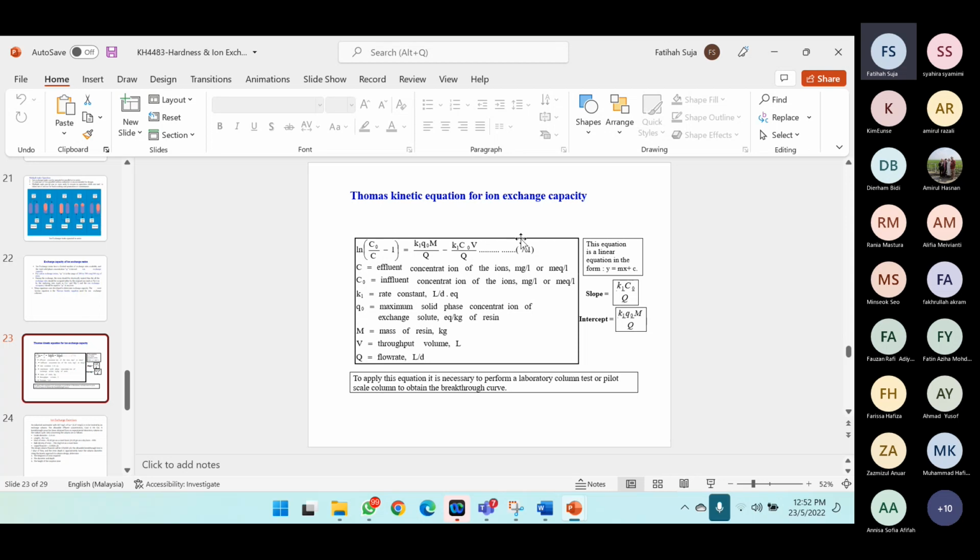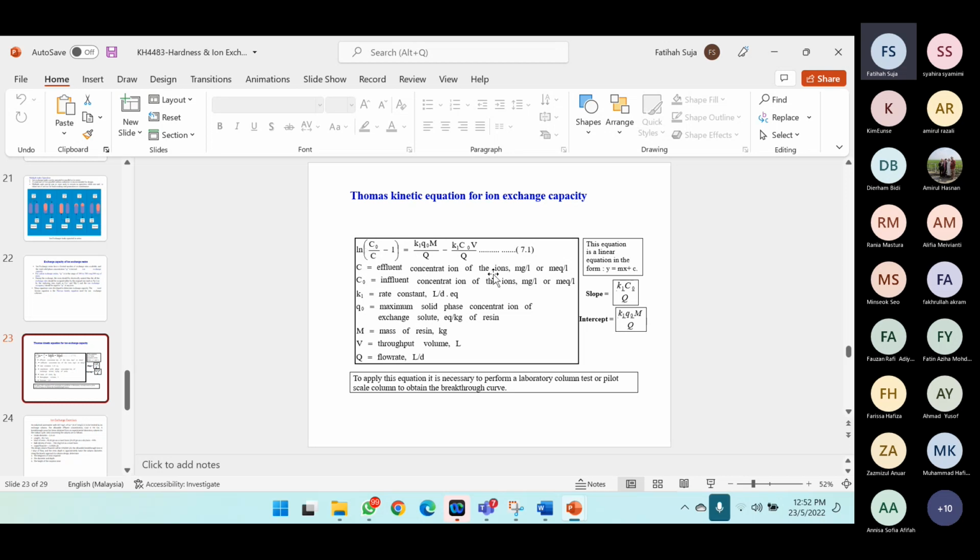Okay, this equation is linear, in the form of y equal to mx plus c. The slope is k1 c naught over q, and the intercept is k1 q naught m over q. So you can see what this symbol means.